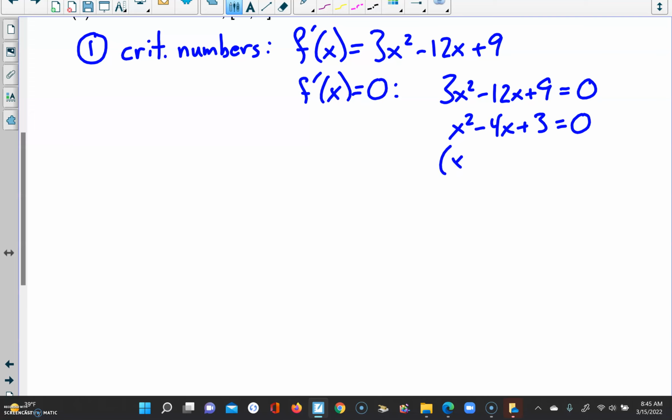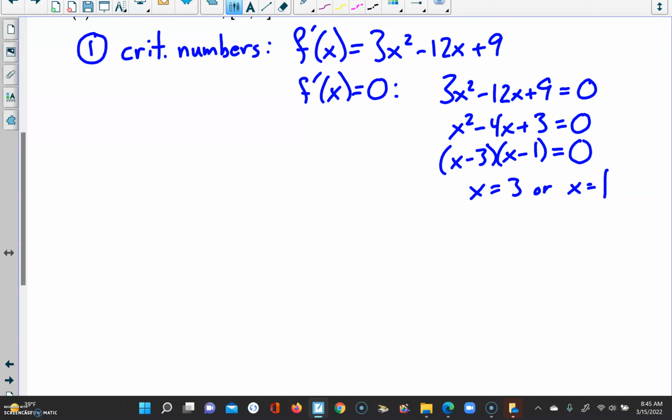And then this does factor, so we get (x minus 3)(x minus 1). So our two factors will be equal to 0 when you multiply them together. So that means that x equals 3 or x equals 1 are going to be our critical numbers.